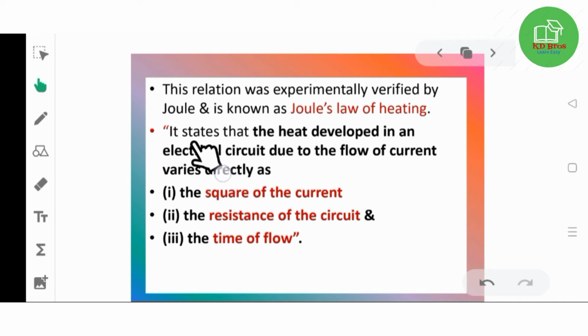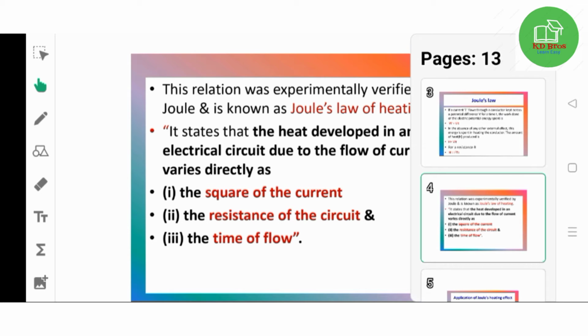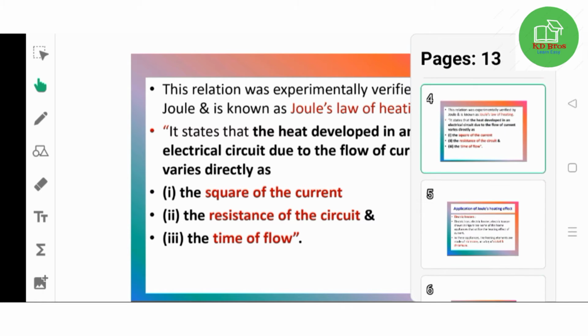The statement of Joule's law of heating states that the heat developed in an electrical circuit due to a flow of current varies directly as the square of the current, because from the last equation H equals I squared Rt, where I is the current, R is the resistance of the circuit, and t is the time of flow.